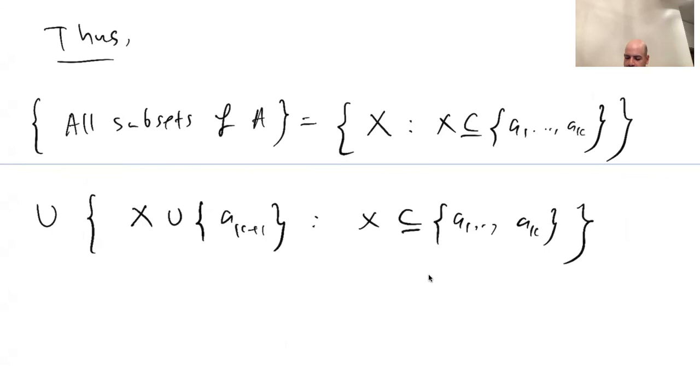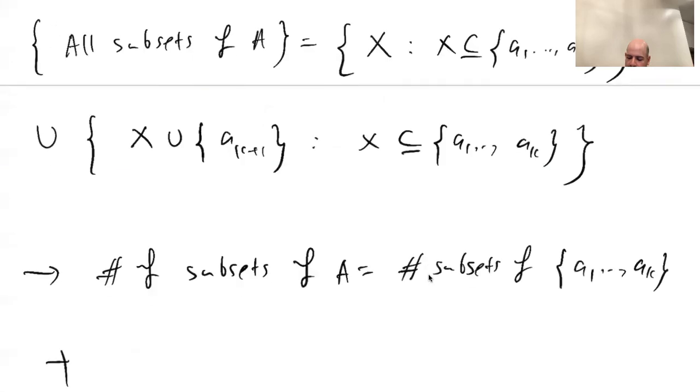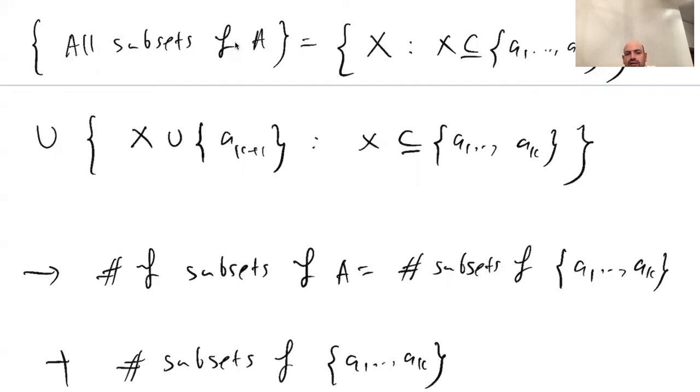So then that means the number of subsets of A equals the number of subsets of A1 to Ak plus the number of subsets of the form X union A(k+1). See, the number of elements of this set is the number of subsets of A1 to Ak, plus the number of elements of this set, because these two sets have no intersection, right?